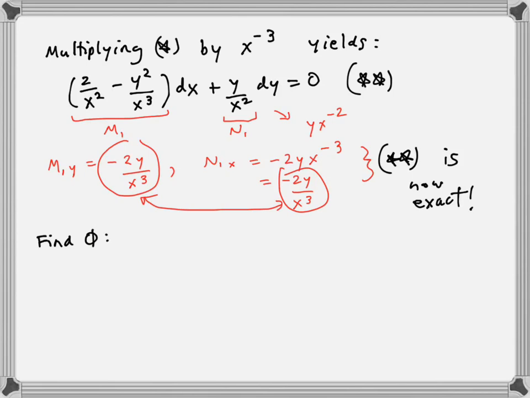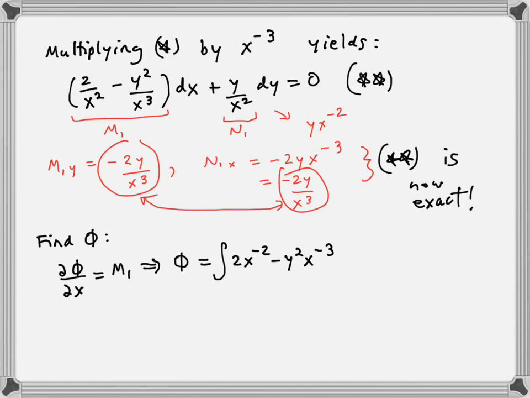So remember, if the partial of phi with respect to x is equal to m1, this implies that phi is equal to the integral of m1 with respect to x. So it's going to be the integral of, let me write it this way, 2x to the negative 2 minus y squared x to the negative 3, right?